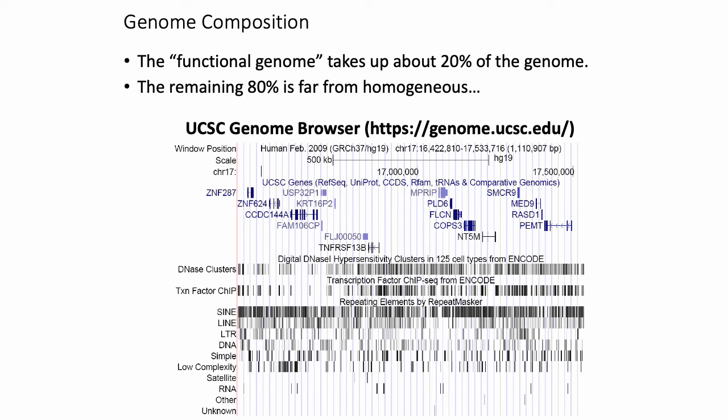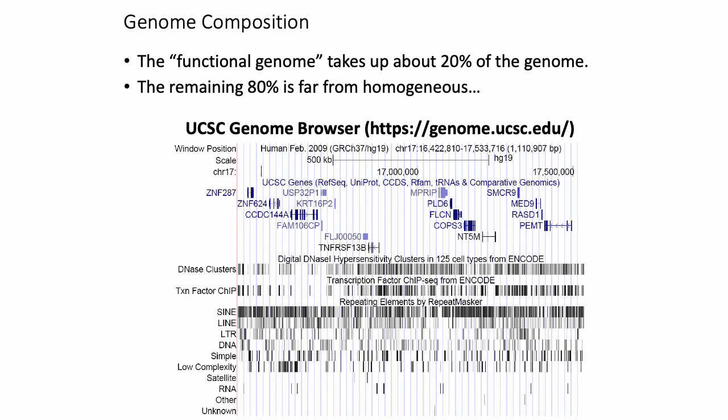What's really interesting about the human genome and many other genomes as well is that a large part of the human genome is composed of repetitive sequence, or what we've identified as repetitive sequence. I believe in the human genome approximately 50% of the genome is repetitive in sequence.